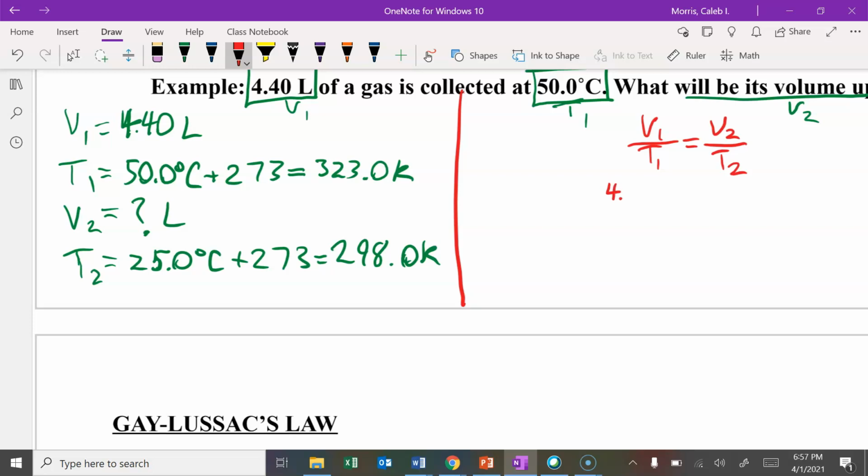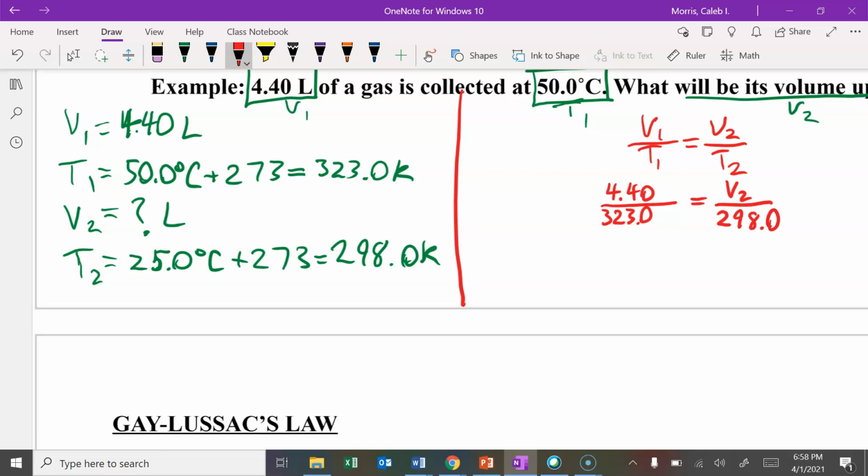So let's do that. 4.40 liters over 323.0 Kelvin. V1 over T1 equals V2 over T2. I'm going to erase that K because it gets a little confusing when you put units in these equations. And V2 is what I'm looking for, over T2, which is 298.0 Kelvin.